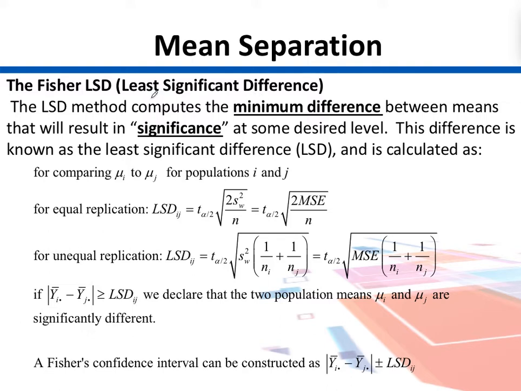The LSD method computes the minimum difference between means that will result in significance at some desired level, that is coming from alpha. Mostly we go with alpha equal to 0.05. This difference is known as the least significant difference.